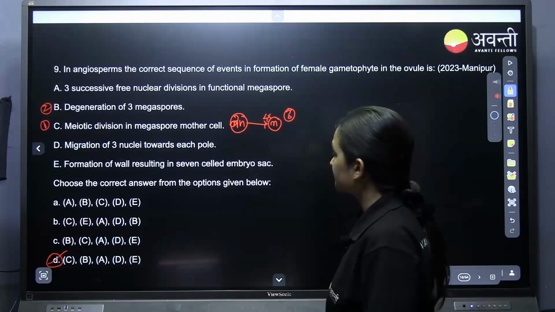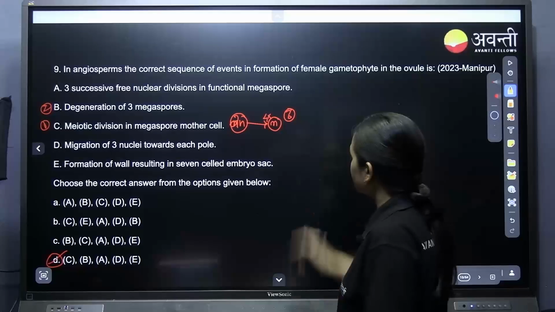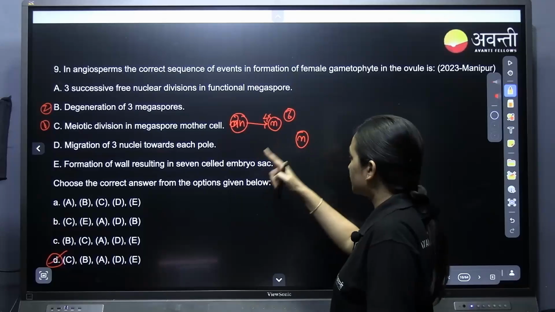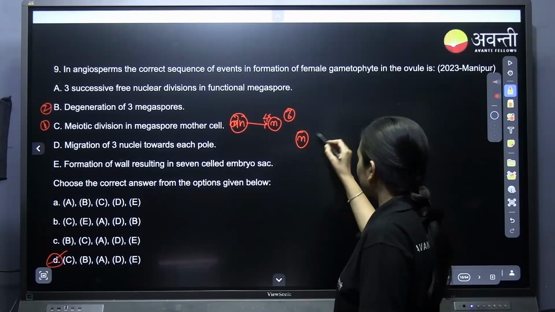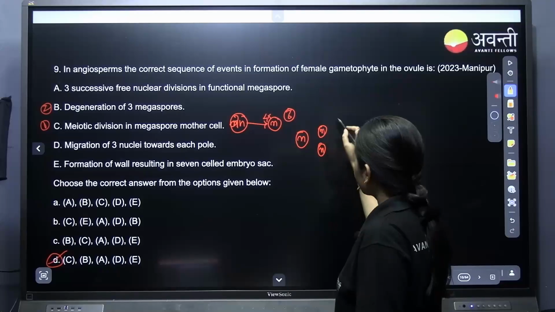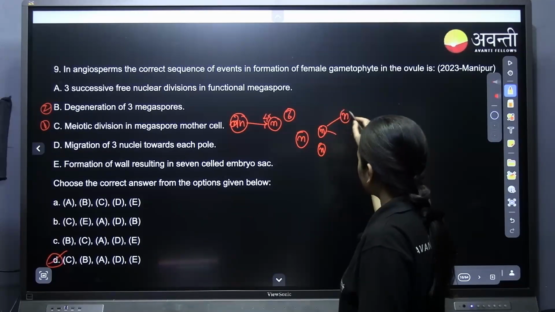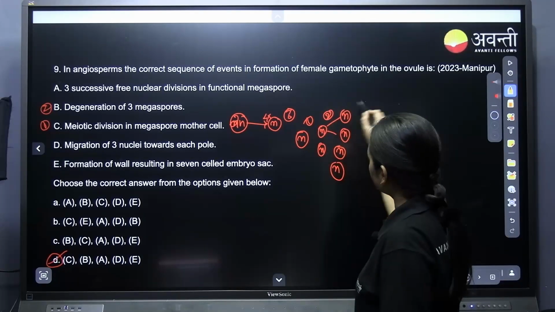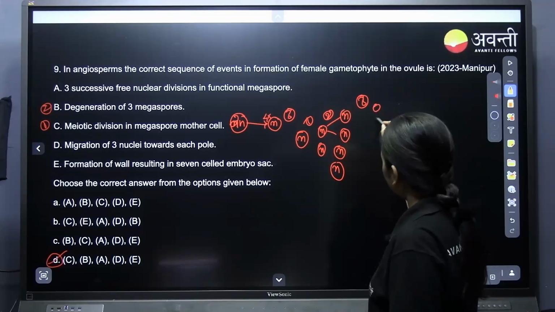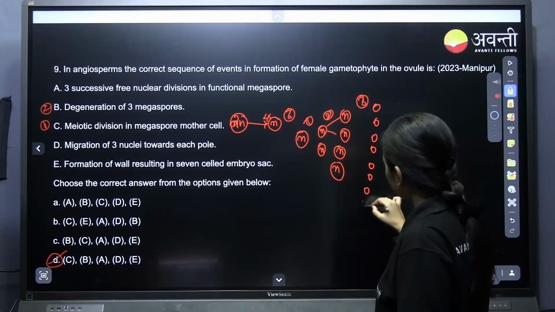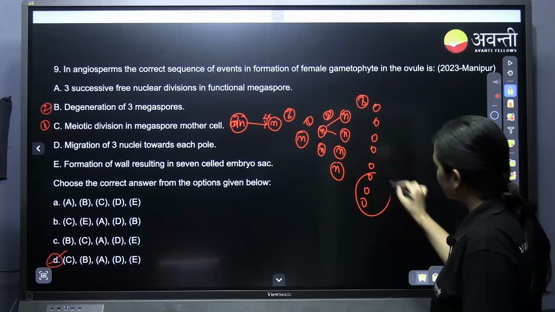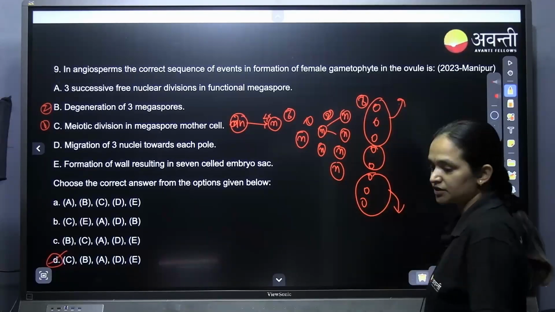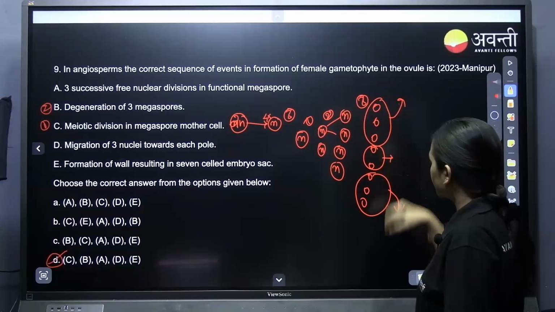Then successive free nuclear division of the functional megaspore. One functional megaspore undergoes division and becomes 2, then again divides and becomes 4, and the third division makes it 8. Three go to one pole, another three go to the other pole, and two come in the middle as polar nuclei.